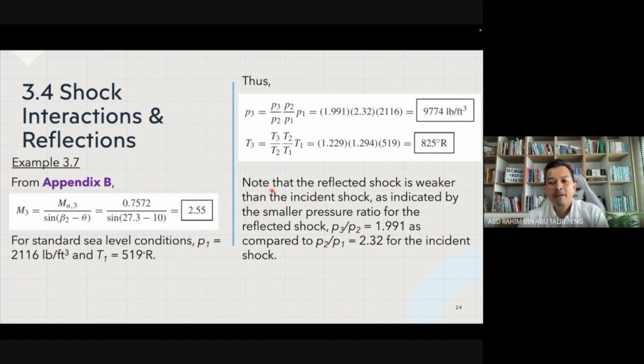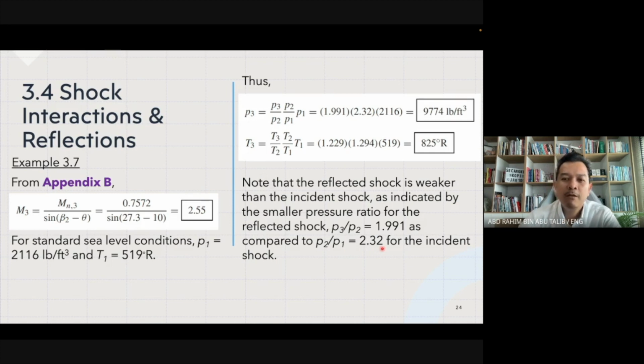So note that the reflected shock is weaker than the incident shock as indicated by the smaller pressure ratio. And we know that P3 over P2 is 1.991 as compared to P2 over P1, which is 2.32 for the incident shock.